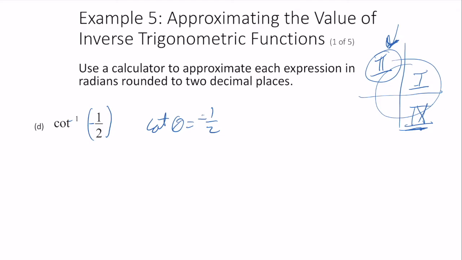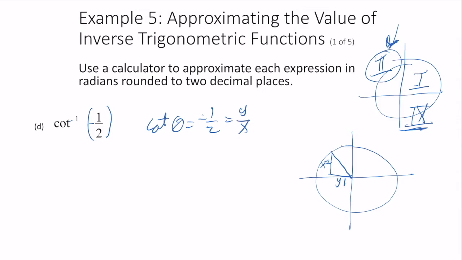So we have to use a different method. We can't use arctangent. So I'm going to draw a circle, right? Here's my theta. I know that y is 1 and x is -2.